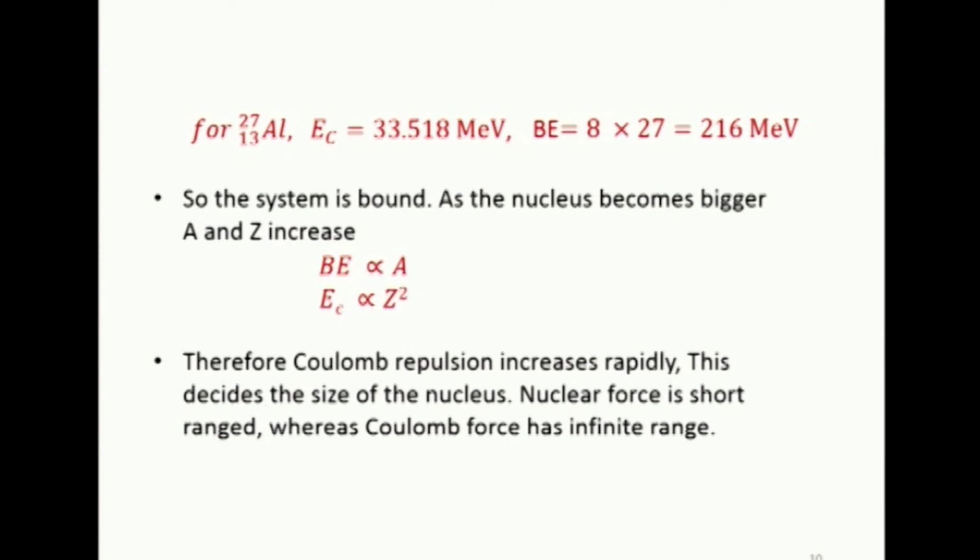So, we may wonder why we get only uranium, plutonium. After that, there is no nucleus available. In nature, we have got up to uranium, which has Z equal to 92. There it becomes unstable, after that you do not get.